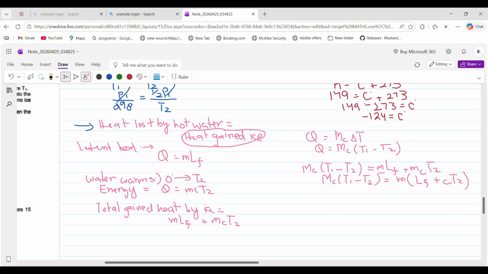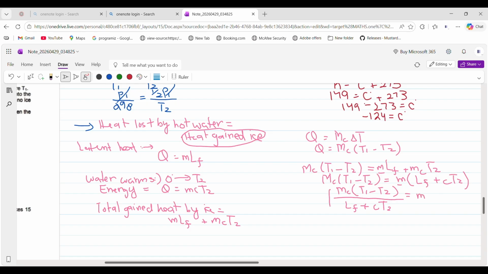Now you just have to find this m. This whole factor is multiplying with this m, so when it goes to the other side, it will be divided, of course. So m c (T1 minus T2) divided by (Lf plus c T2) is equal to m.